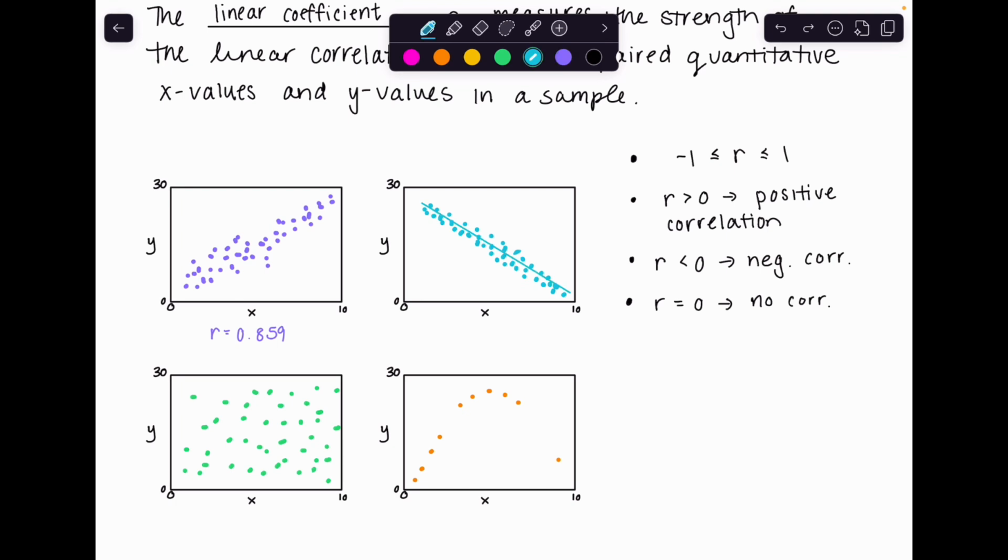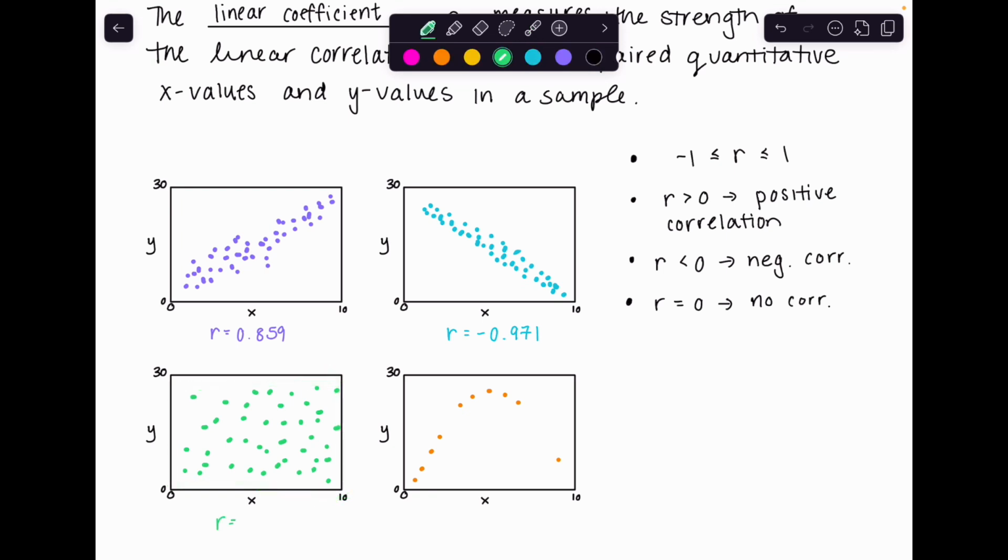Here, this is more compact, so it should be closer to one of these extremes, 1 and -1. And in this particular case, because it's going downward, that would mean it's a negative correlation. So this value of R may be something like -0.971. In this example, again, these ones are all over the place, so there's no correlation between these.